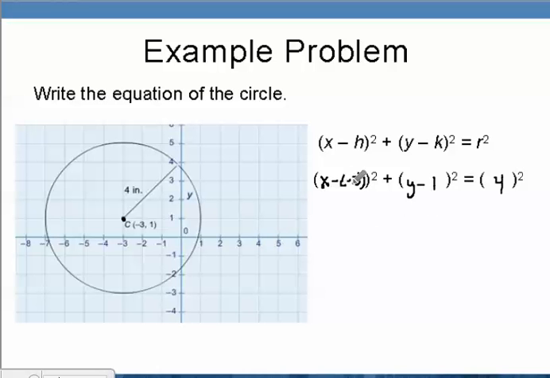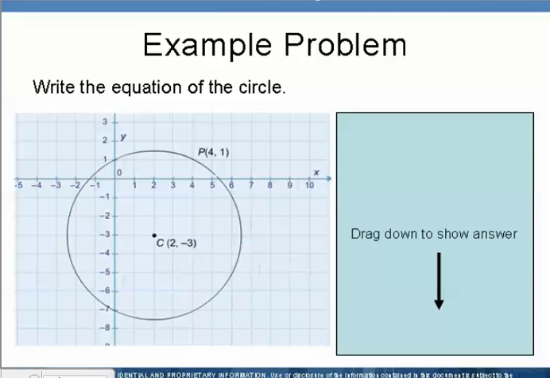So minus and a minus, that's a positive. So I would have (x plus 3) squared plus (y minus 1) squared will be equal to 16. That's how you can write the equation for a circle. And we notice by looking at this, if it's a positive, we know it's a negative center. So the (-3, 1) would be my center, right?